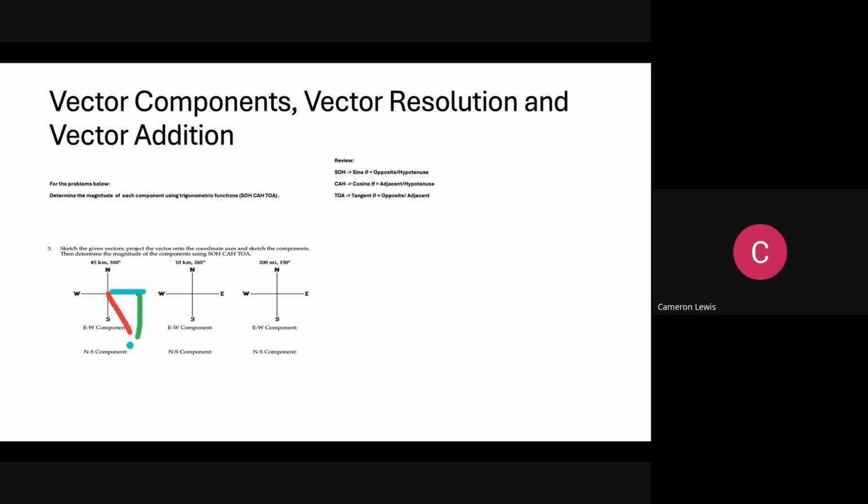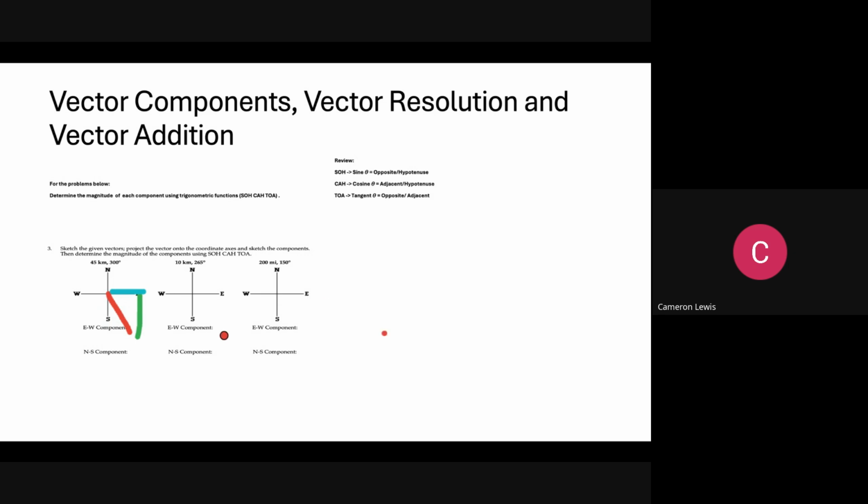We want to find each one of these individual components. So now what I have to do is take this out. You see what I just created? I actually created a right triangle. I'll just use the same colors, but I'm going to turn it so you can see it.